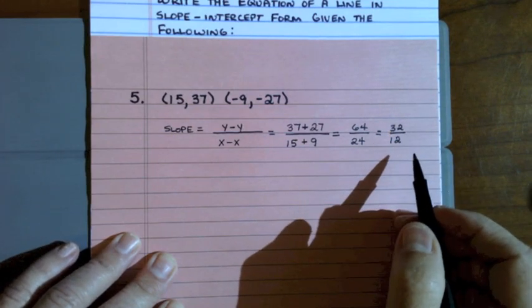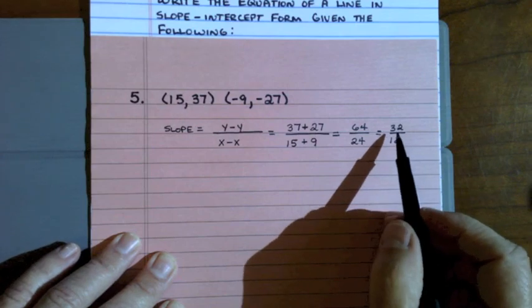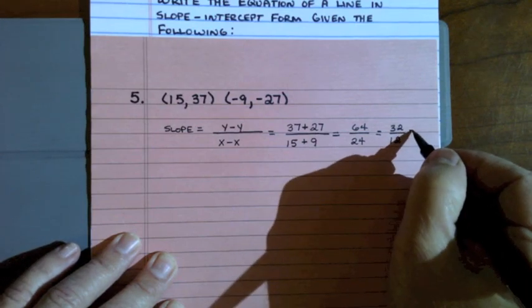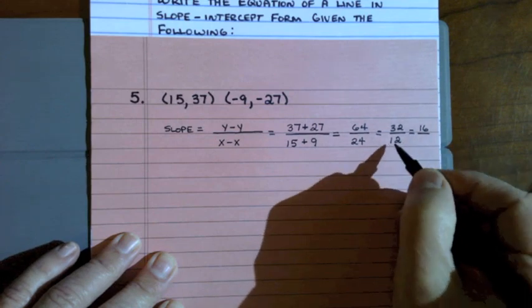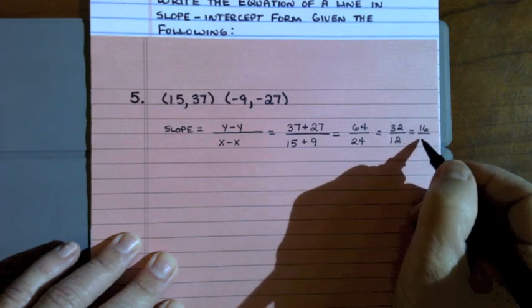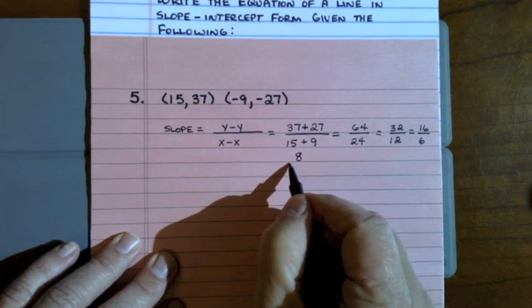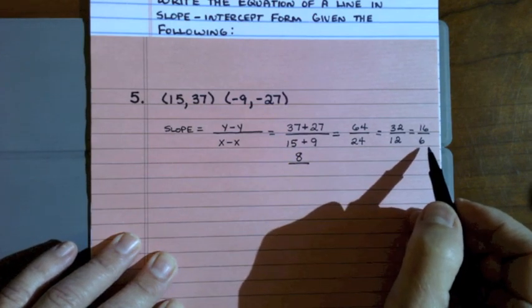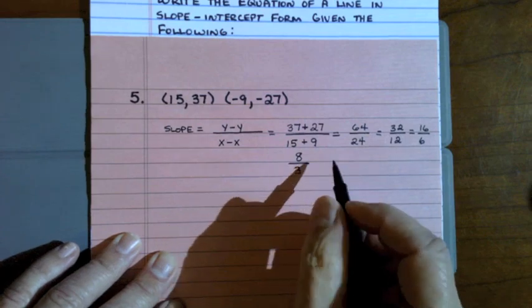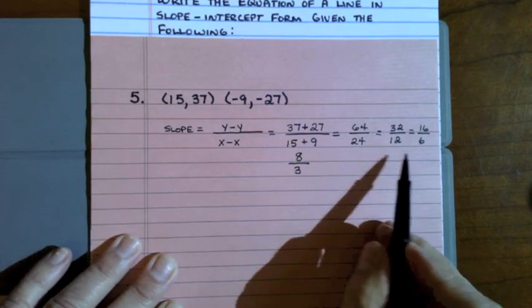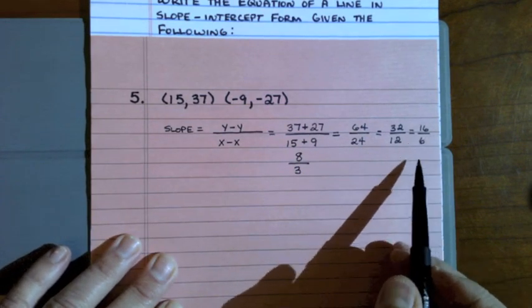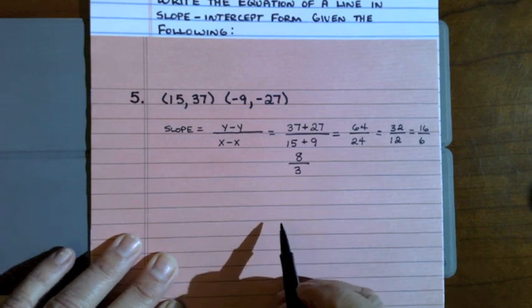Okay, continue to divide this by 2 until I can't reduce it anymore. 32 divided by 2, 16. 12 divided by 2, 6. 16 divided by 2, 8. 6 divided by 2, 3. So this is my slope. I've reduced this. I simply just kept dividing those numbers by 2 until I got this right here.